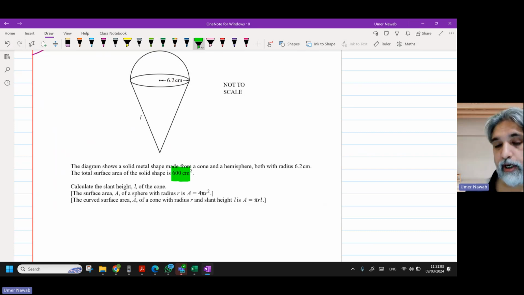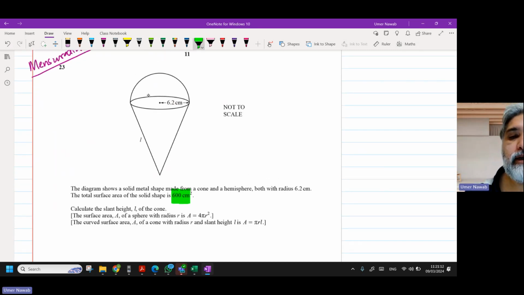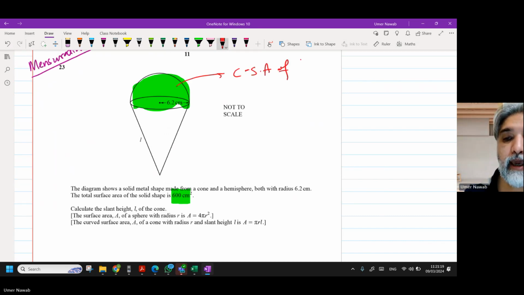Now, the interesting thing about this solid shape is it has two parts which are exposed in the air. The exposed part is the curved surface area of the hemisphere.